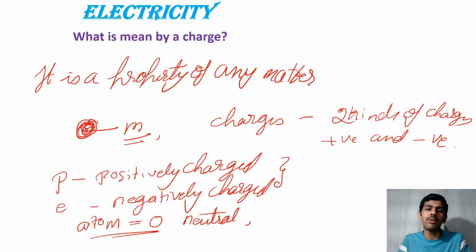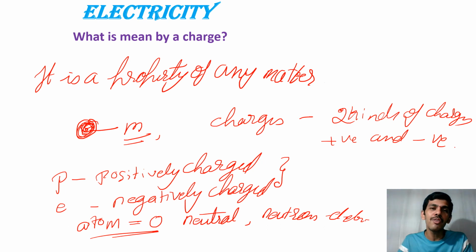And there is one more particle inside the nucleus, which is called the neutron, that is also electrically neutral. So in this particular slide we have discussed what charge is. Charge is nothing but a property of matter.